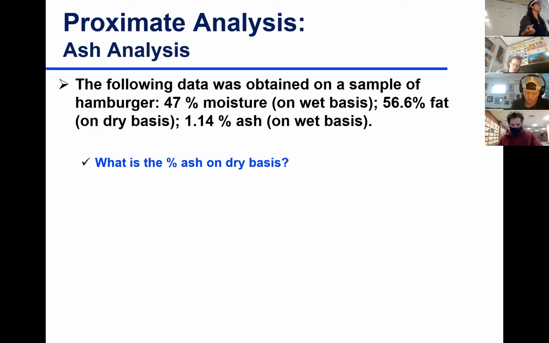So percentage on solid basis. What do I have given? I have 1.14 grams in how many grams of total solids? If I have 47% moisture, what are my total solids in grams? Out of 100 grams, how much do I have total solids?